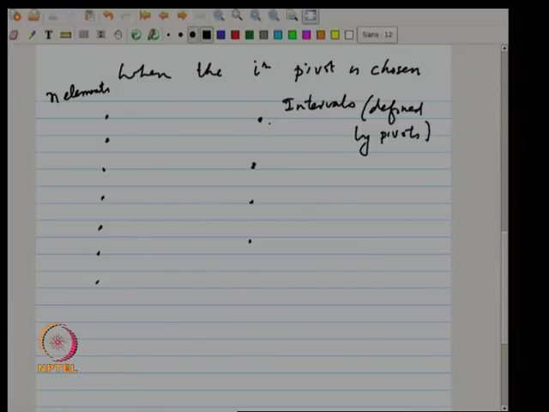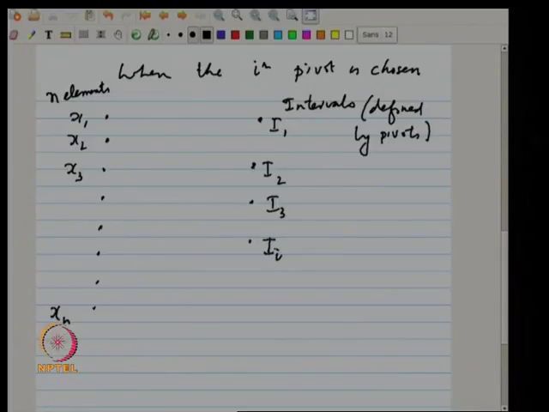So these are elements x1, x2, x3 all the way up to xn. Let me call these intervals I1, I2, I3. When the ith pivot is chosen, just before that, how many intervals do you have? You have chosen i minus 1 pivots, so that will define about i intervals.